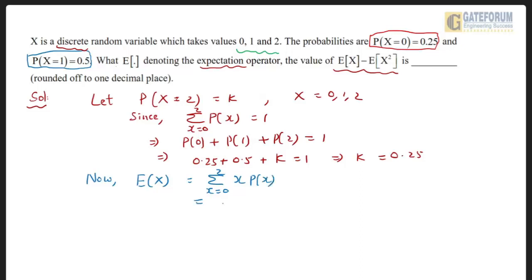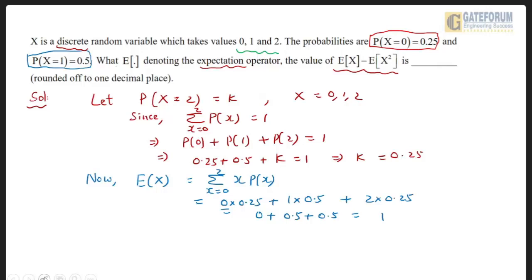So this is nothing but 0 into P of 0, 0.25, plus x value 1, 1 into P of 1, 0.5, plus 2 into P of 2, which is 0.25. So this is 0.5 plus 0.5. So the expectation of x is 1.